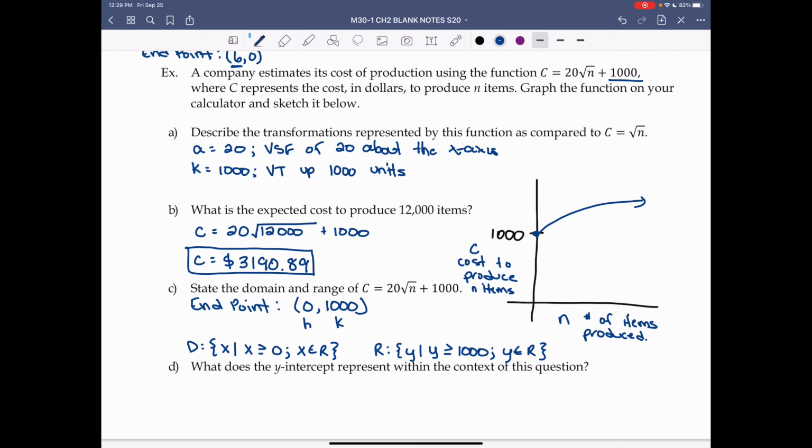So at 0 items produced, the cost is still $1,000. So it's saying that there's an initial cost of $1,000 with no items produced.